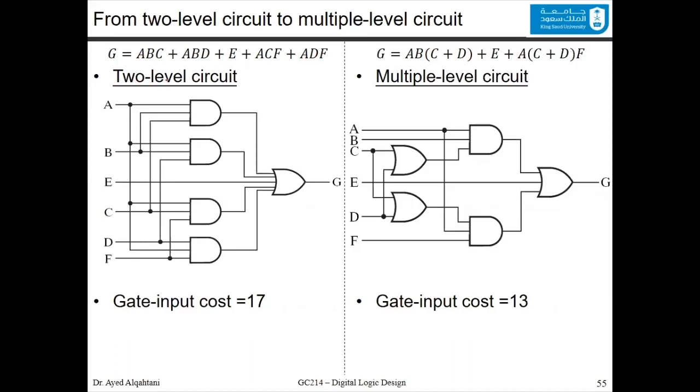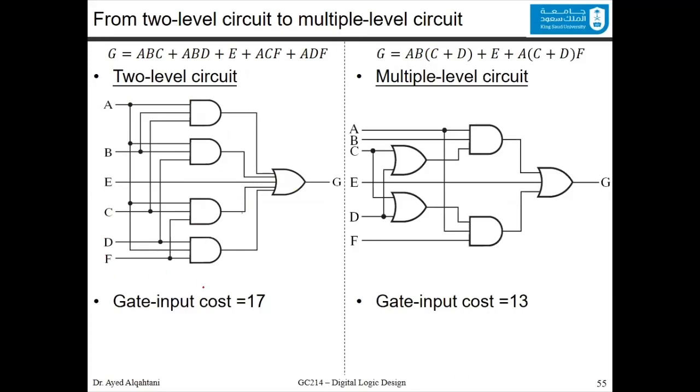Now, this is a two-level circuit because it's a sum of products. So you have the first level AND and the last level is OR. For example, this AND is going to be ABC, A, B, and then C. You will do it for the other terms, and then you will collect them all in an OR gate.